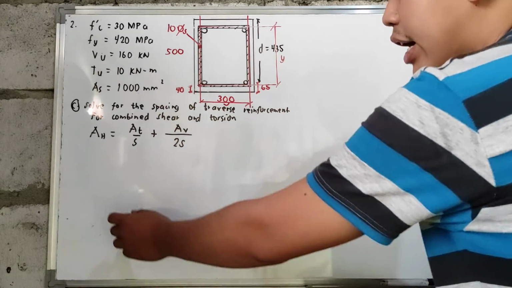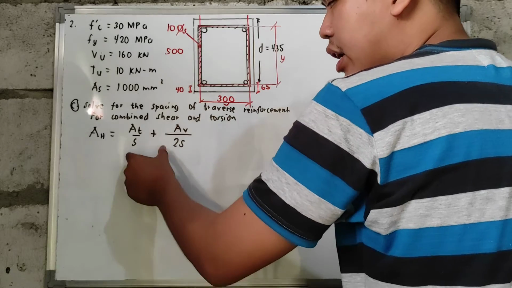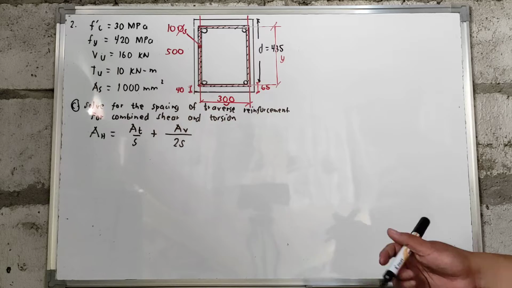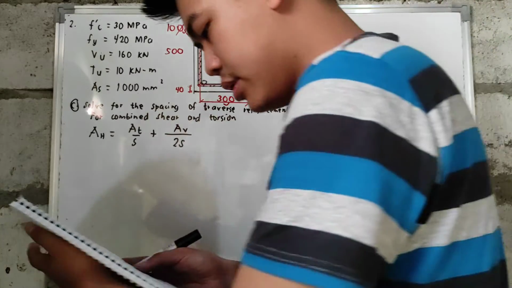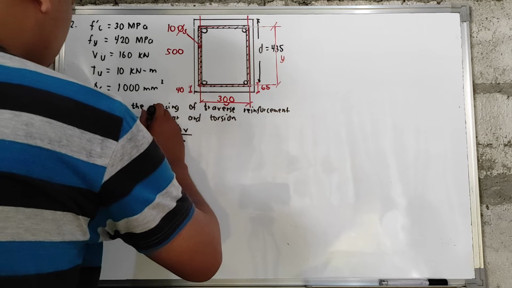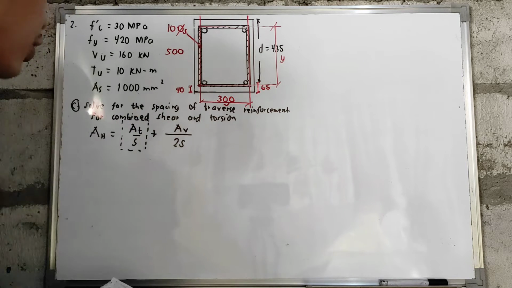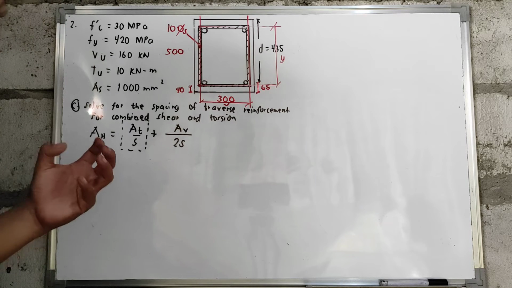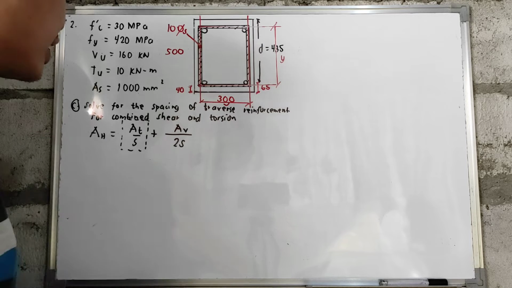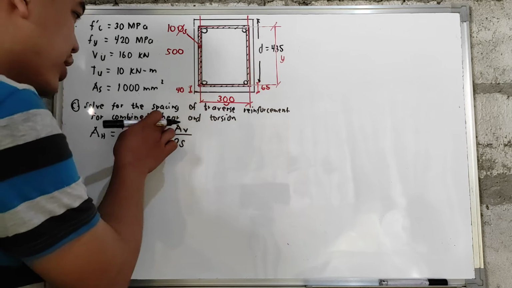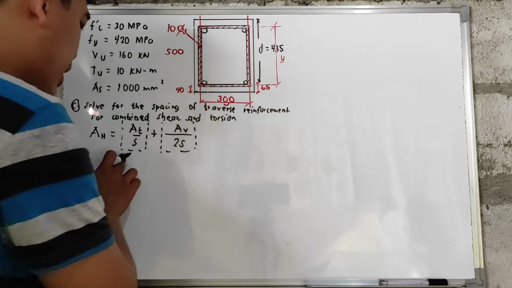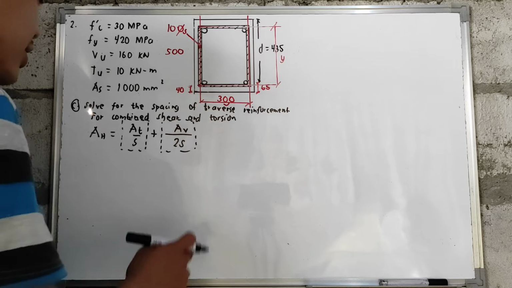So given, meron tayo ditong area total daw, that is equal to AT over S plus AV over 2S. So when we talk about AT over S, eto lang naman yung sa torsion natin. Kaya nga tinawag dito combined shear and torsion. So, to reinforce in transverse, kapag nakahilera yung mga stirrups natin, pagsama na lang natin yung reinforcement ng shear at saka yung torsion. So, yung una dito is para sa torsion. Yung susunod naman para sa shear naman.